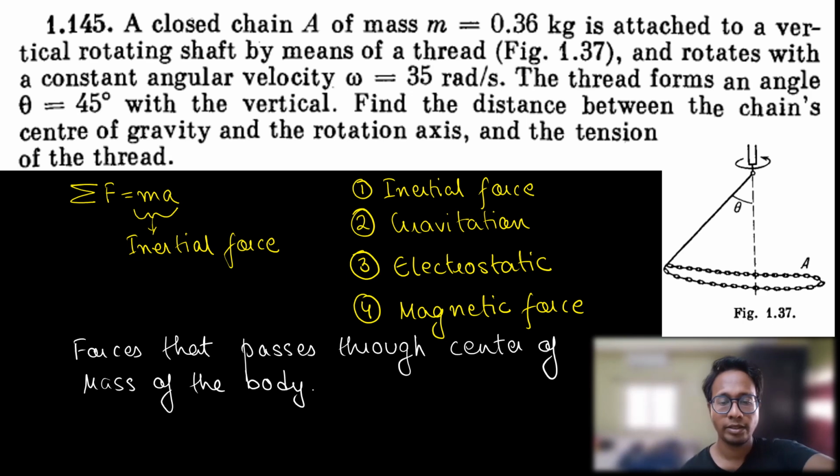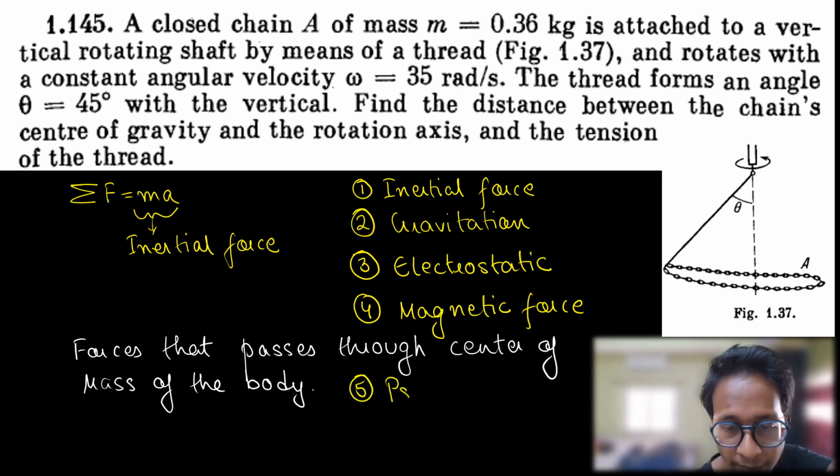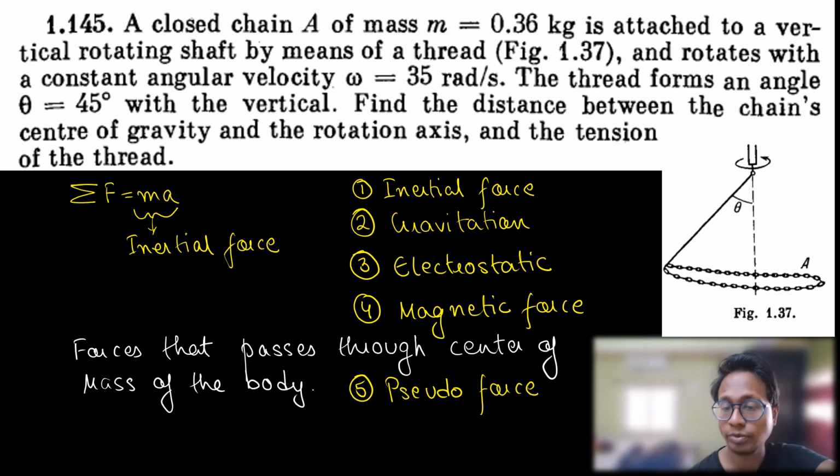Okay, so the main thing you need to note out here, even pseudo force. If you change our frame of reference to another force, pseudo force, even pseudo force passes through the center of mass of the body. So whenever you are writing force is equal to mass into acceleration, this acceleration is the acceleration of the center of mass of the body.